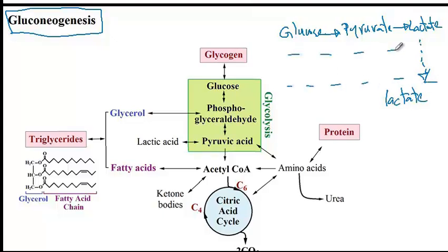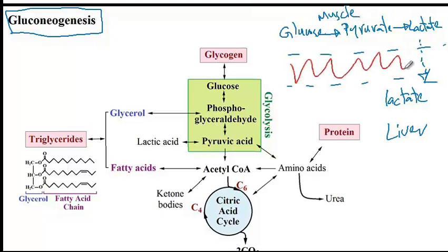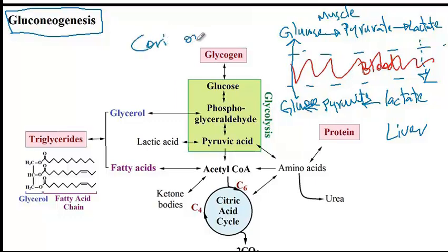So here we've got the liver, here we have the muscle, and here is the bloodstream. Now the lactate is transferred to the liver, where it will get converted back to pyruvate, and then glucose through the process of gluconeogenesis. Glucose can again enter the muscle and go through glycolysis and produce energy, and the cycle continues. This cycle is referred to as the Cori or lactic acid cycle.